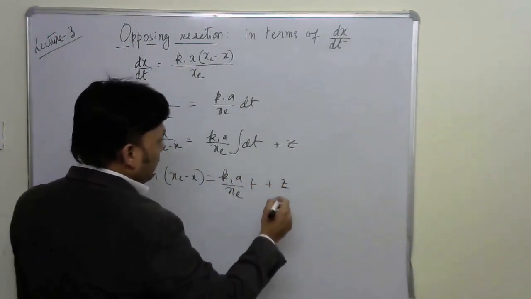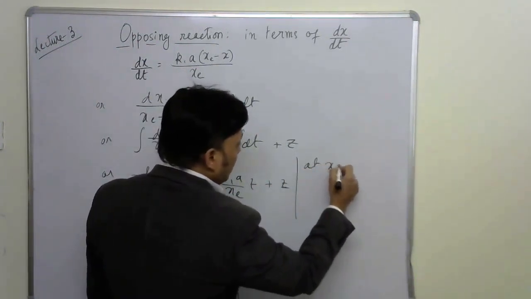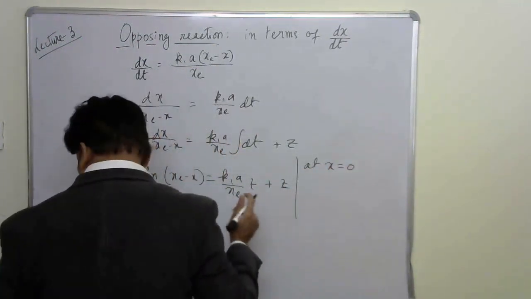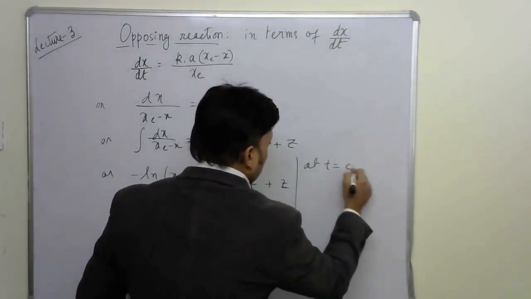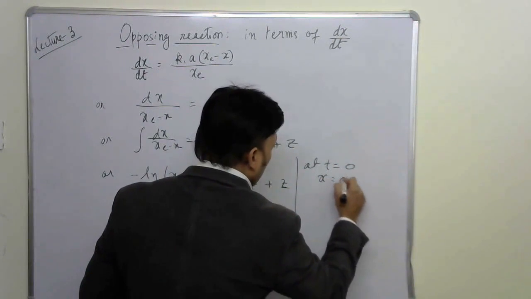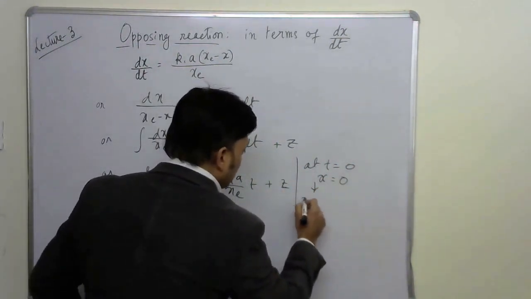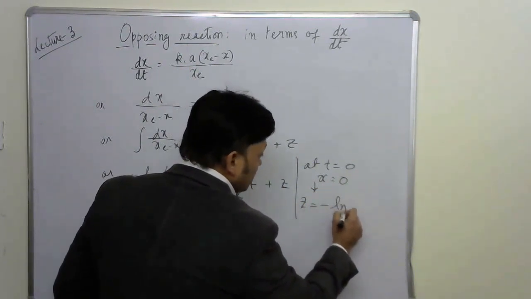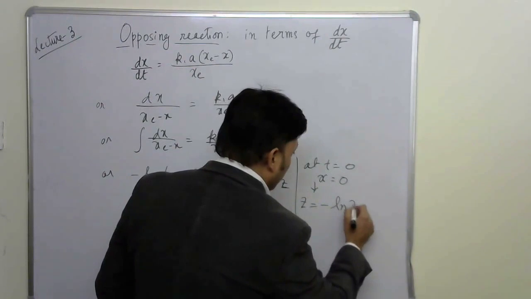Now similarly we can put in the initial conditions: at time t equal to 0, x is equal to 0. The moment we put these conditions in, we can figure out that z is equal to minus natural log of xe.